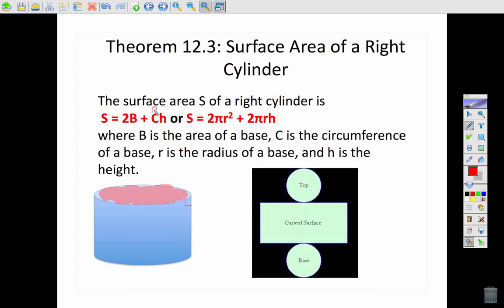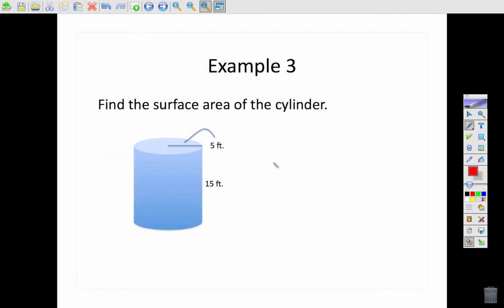We have two bases. We have times the circumference, which is the same thing as perimeter, and we just substitute in what we know about a circle. So the area of the base is pi r squared, so I take that times 2, and the perimeter of a circle is the circumference, which is 2 pi r. So really the formula is the same, we just substitute in what we need to use for circles.